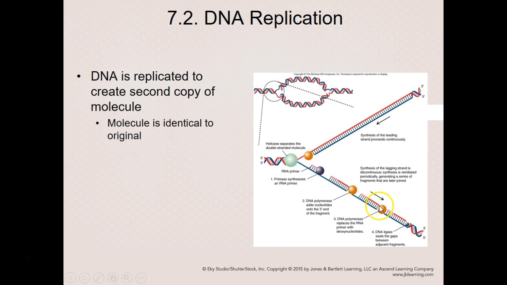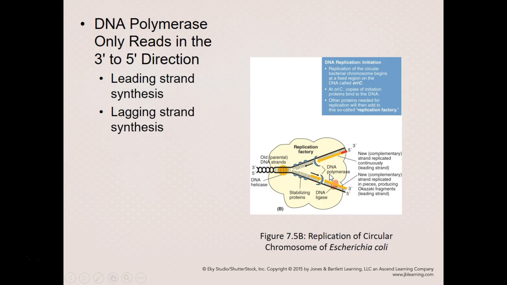Whereas the other strand, the lagging strand, each time we open the DNA a little bit more, a new primer can be produced, and then DNA polymerase has to bind, digest the RNA primer, and then produce the new DNA molecule. So that's called the lagging strand.